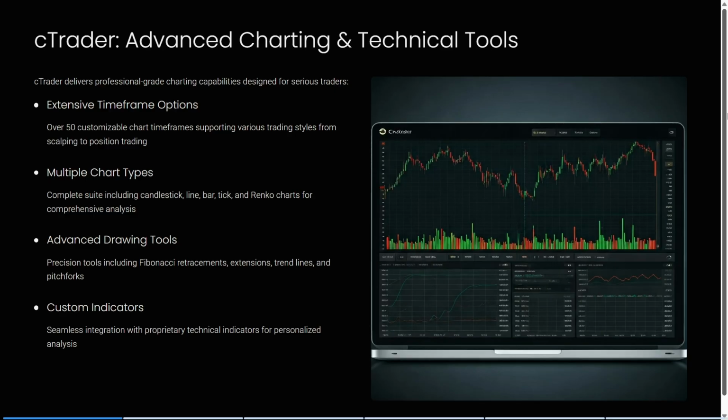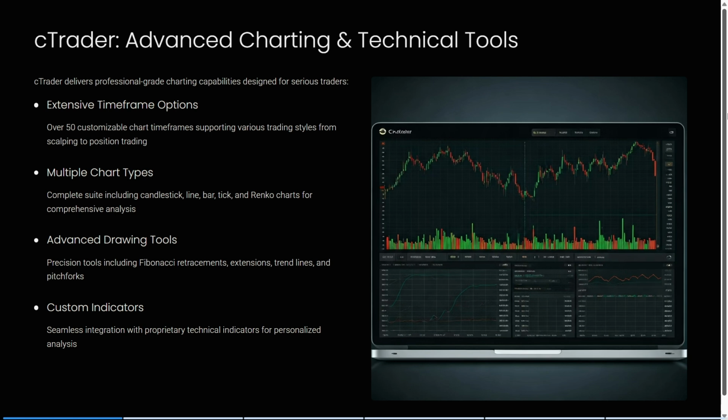Alright, so if you are looking for professional grade charting capabilities designed for serious traders, cTrader probably is a good option. Let's have a look at what else they have to offer. So they have over 50 customizable chart timeframes supporting various trading styles from scalping to position trading.